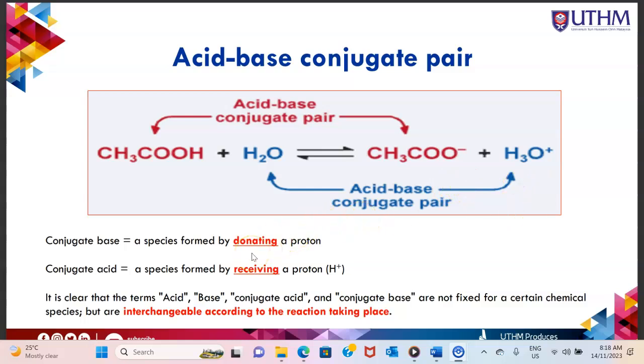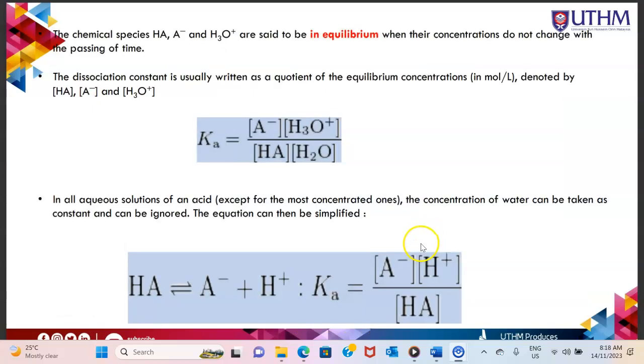So it is clear that the terms acid and base, conjugate acid and conjugate base are not fixed for certain chemical species, but are interchangeable according to the reaction that takes place. So the chemical species, we have this HA, the acid, and A minus, and these ions are said to be in equilibrium when their concentrations do not change with the passing of time.